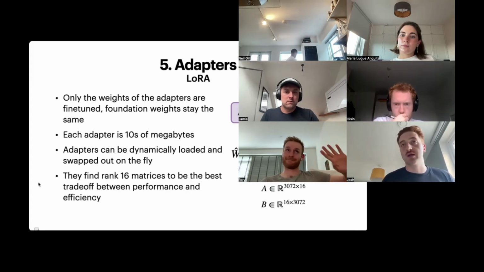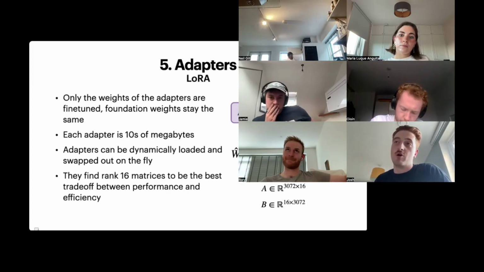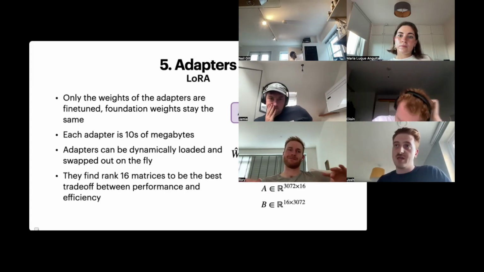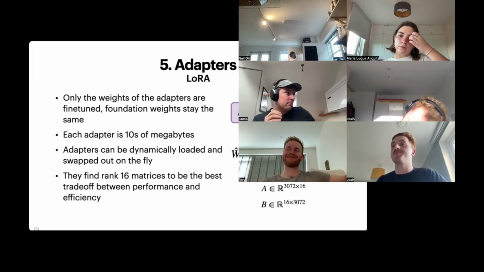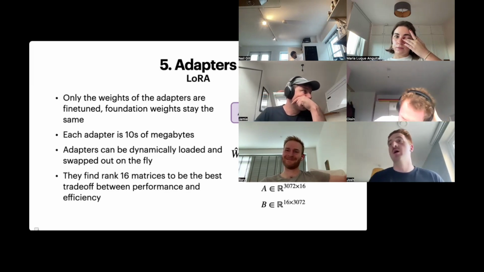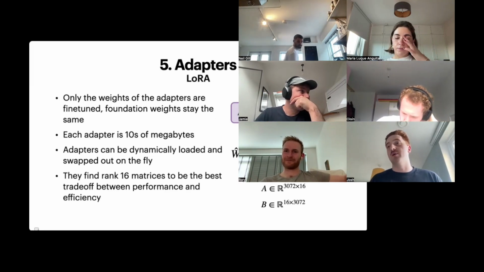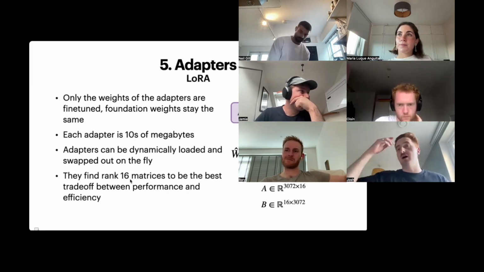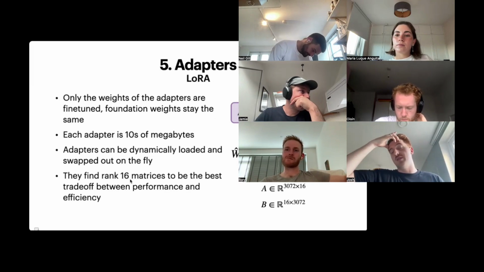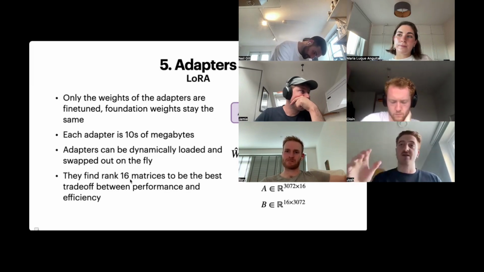What that looks like is you have your original weights here, which are the weights after post-training, and you add this delta W, which is just these two matrices multiplied together. Their trade-off came to rank 16 matrices.